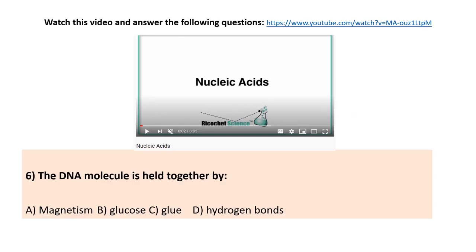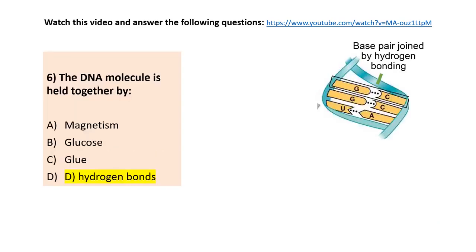Now, this question asks what the DNA molecules are held together by, and this is very easy. I'm sure that you are going to say no, definitely no glue. So very easy: hydrogen bonds. I'm sure that you know these hydrogen bonds, and you know that the two nucleotides get together by hydrogen bonds.